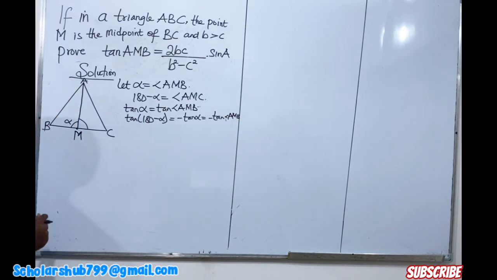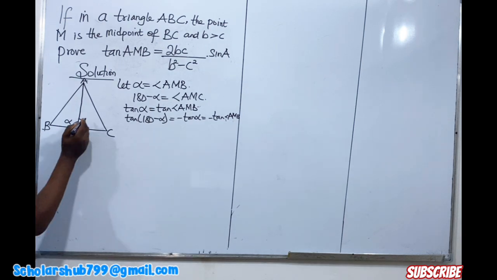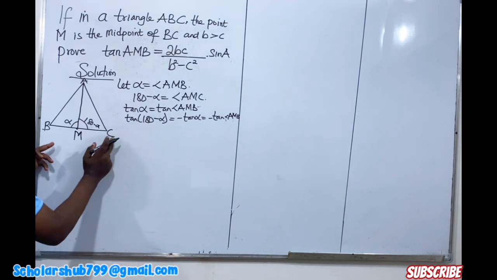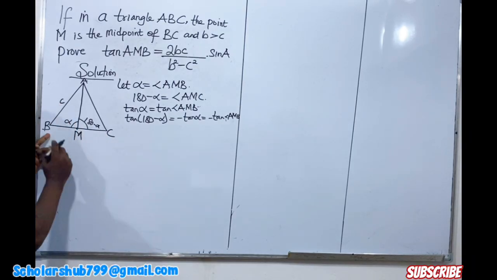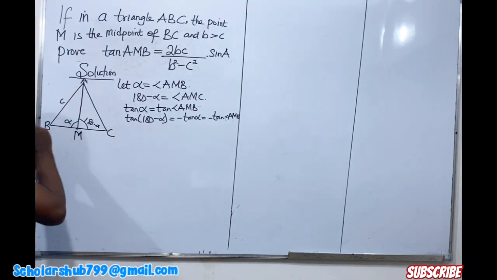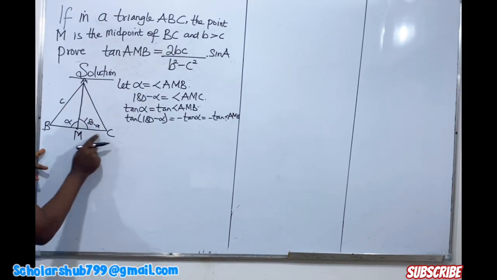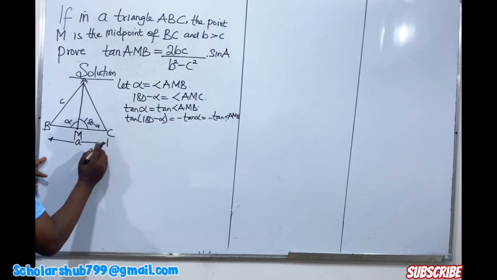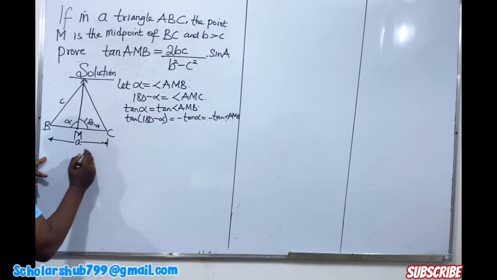Now, opposite C will be AB, and that will be labeled with lowercase letter c. Opposite A, which is BC, will be labeled with lowercase letter a.